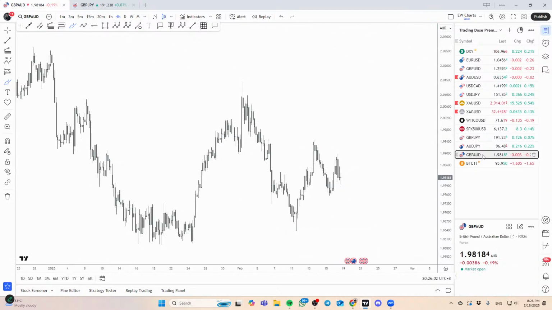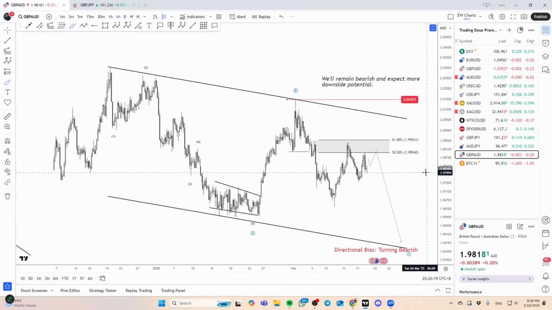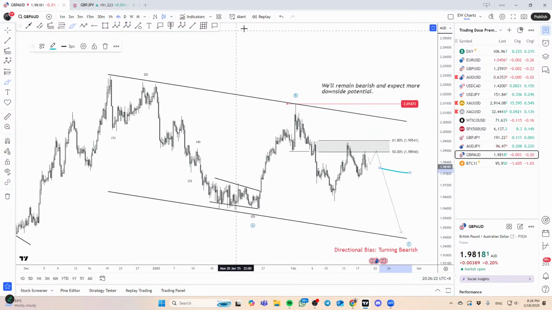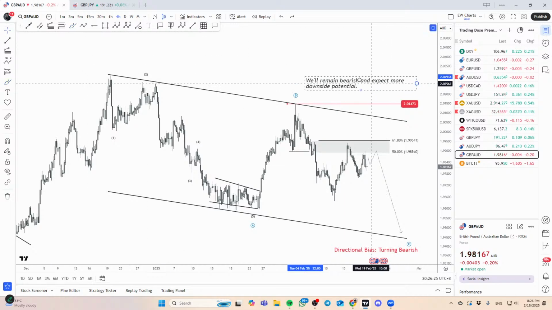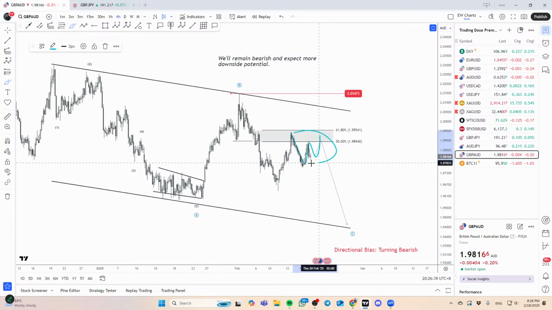Okay, that's on yen. Next, pound Aussie. Over here we are looking at potentially price turning bearish, but I would personally want to wait for more confirmation, because currently price seems to be potentially developing something more choppy around that zone.